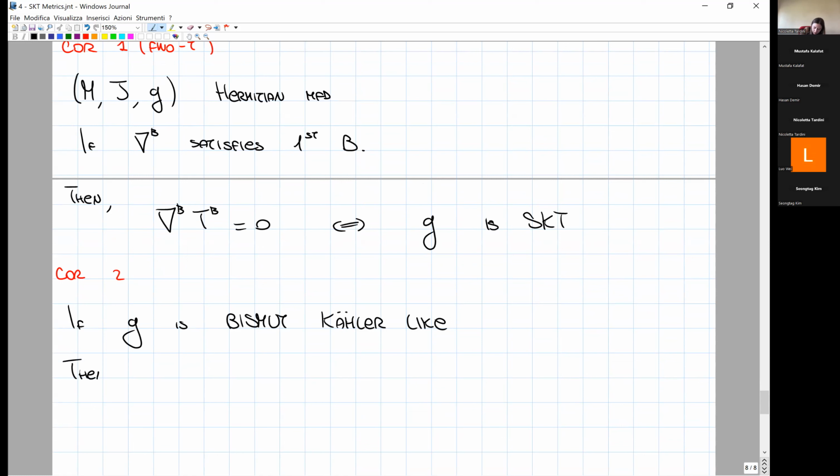So then nabla B TB is 0 if and only if G is SKT. Okay. Right. But in fact, we are not proving here that Bismut-Kähler-like implies SKT. We are proving that if we have Bismut-Kähler-like, SKT is equivalent to having parallel torsion.